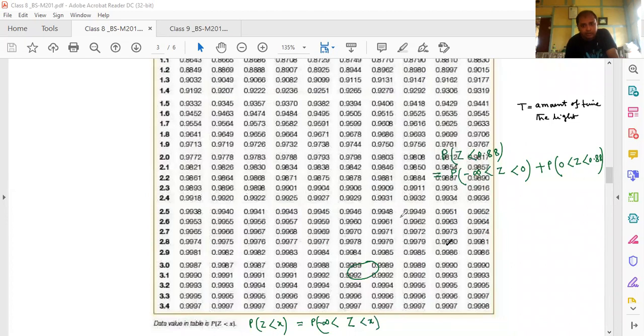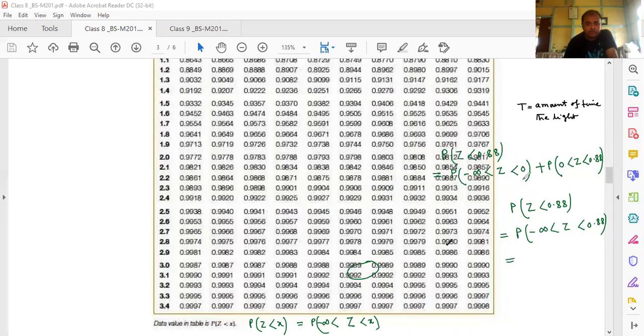They have calculated all the probabilities in the chart. In this particular case, the book from which I have copied the chart has provided the area of this type of regions. But I am interested in finding the area of this probability of Z less than 0.88, isn't it? And this is nothing but area lying between -infinity and 0.88.